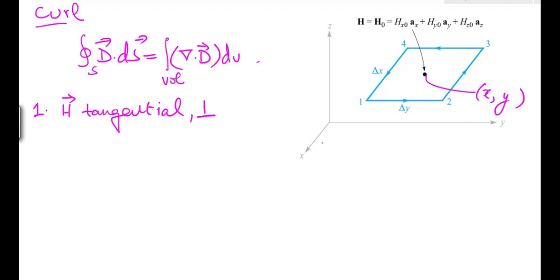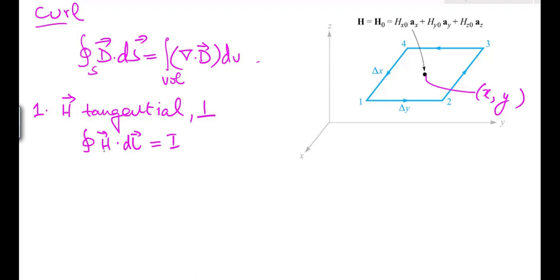Now according to the Ampere Circuit Law, if you have a closed line integral, it says that the closed line integral of the magnetic field intensity will always be equal to the current enclosed by this closed path.